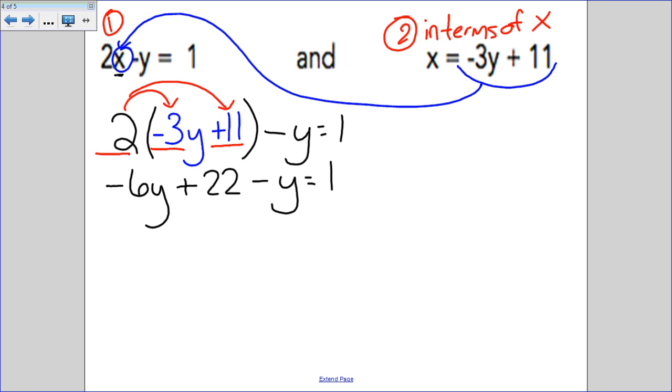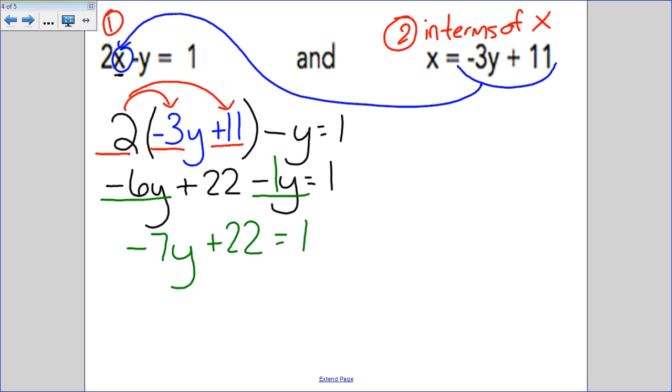Combine like terms. My like terms here are negative 6y and negative 1y. A negative plus a negative is going to be getting larger. It's going to be getting further away from 0. In this case, I have negative 7y plus 22 equals 1.